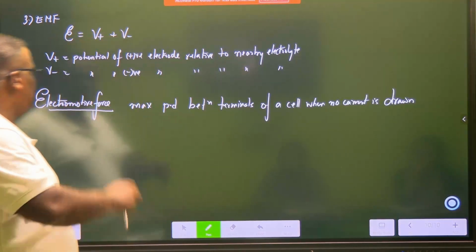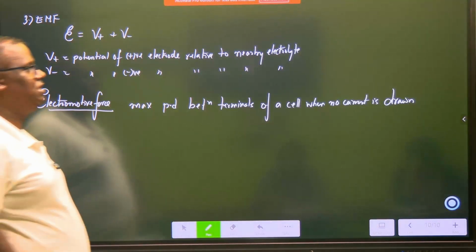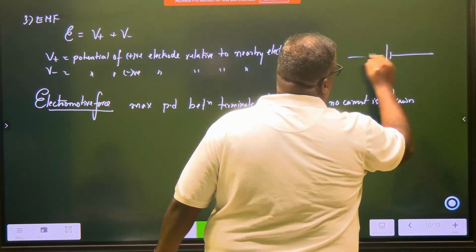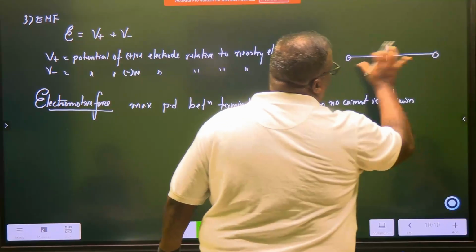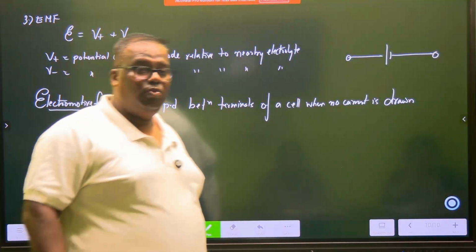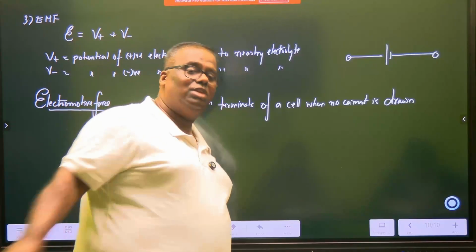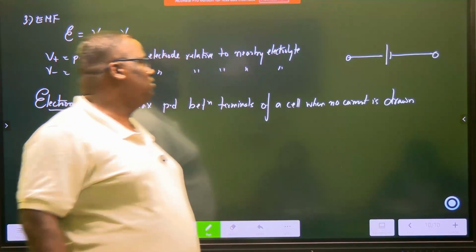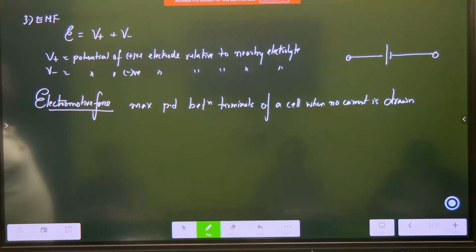So electromotive force means, take a cell and do not connect it to any device. What is the open terminal voltage? The open terminal voltage cannot be measured. The moment you measure, you are consuming some current. So when no current is there, it is known as to be the maximum PD. That is the EMF. Okay.